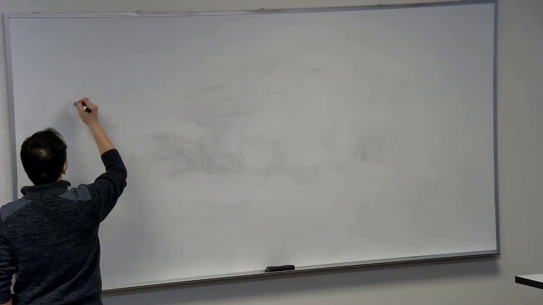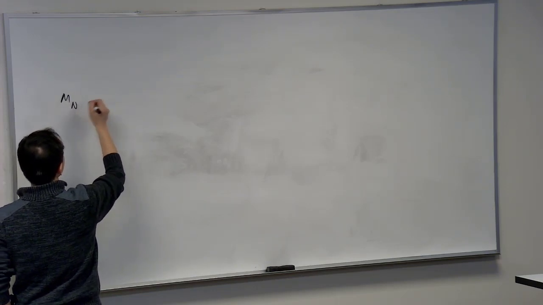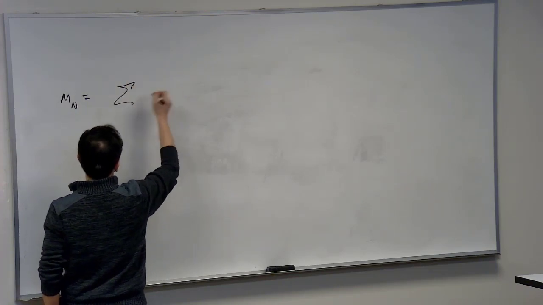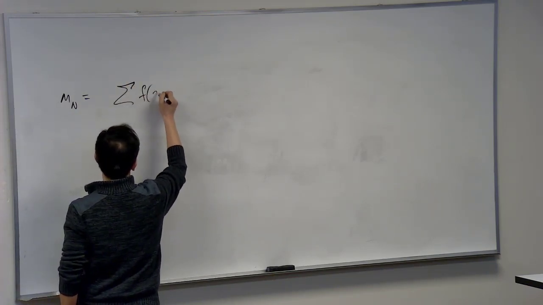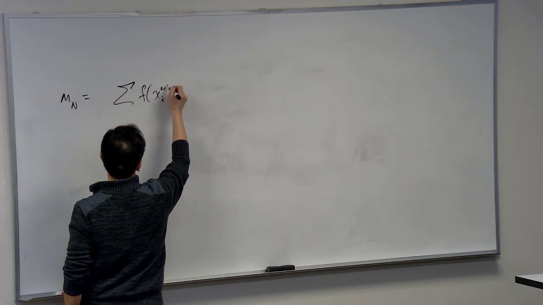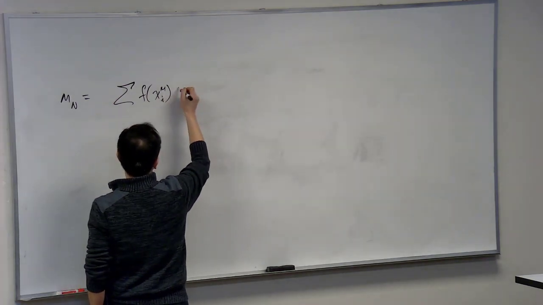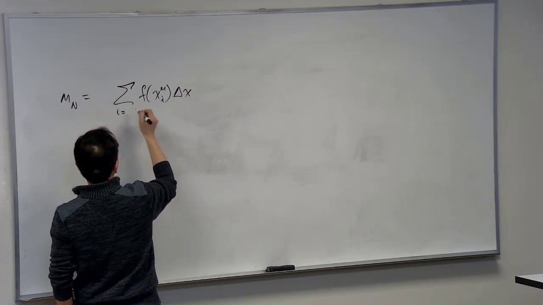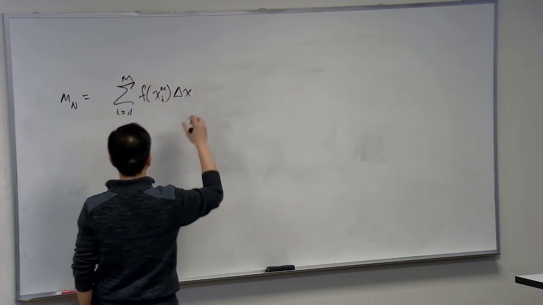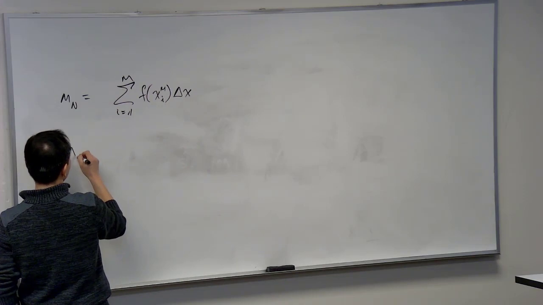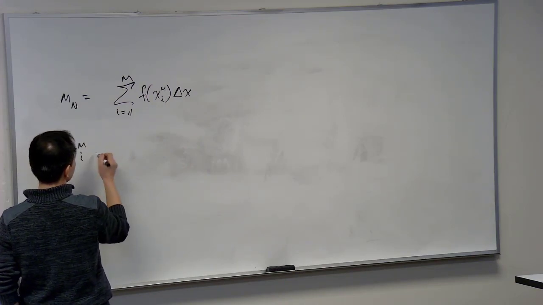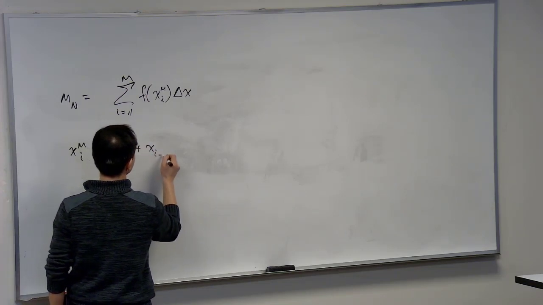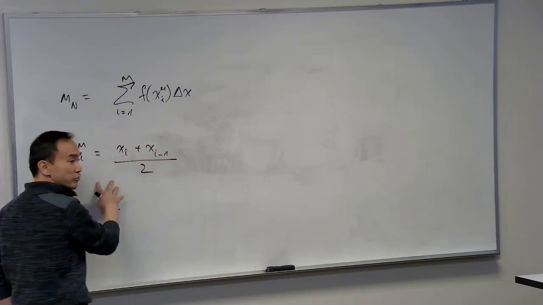So the midpoint Riemann sum for n subintervals is the summation where we take the function evaluated at the midpoint of each ith interval and multiply with delta x. The index runs from 1 to n. And then the midpoint for each ith interval is (xi plus xi minus 1) over 2. So I introduced all this, right?